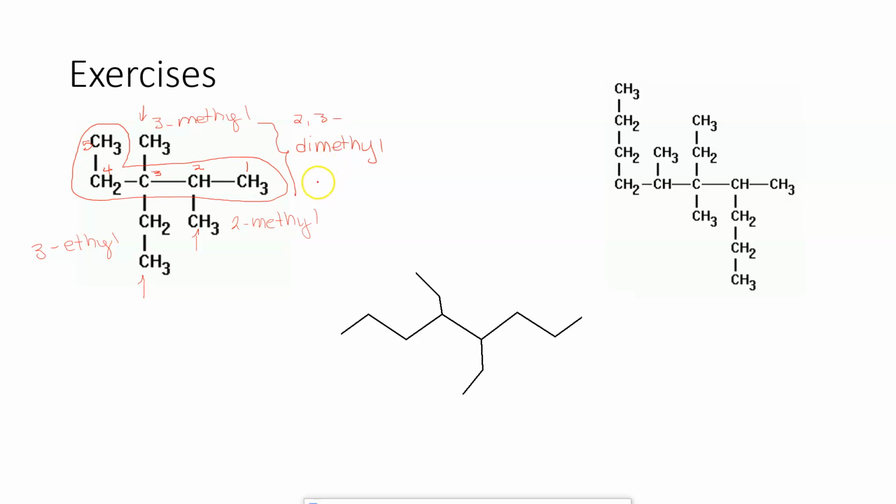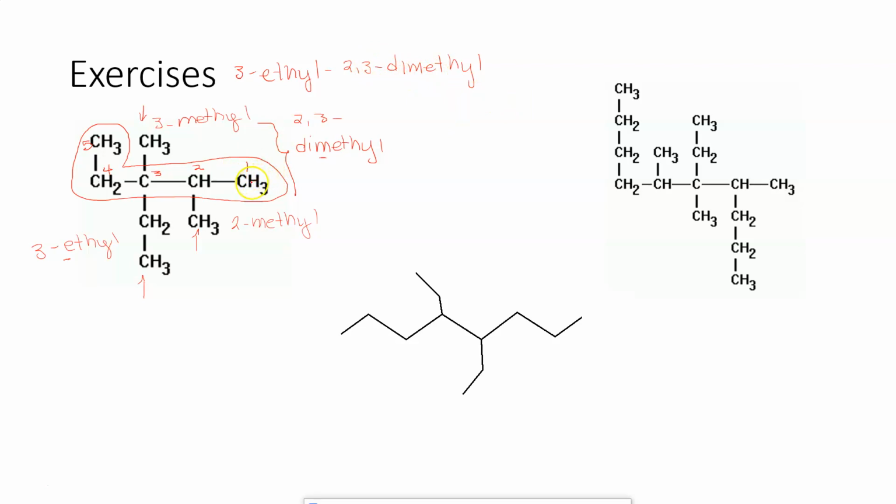Now, I have to order these in alphabetical order. And we already said that E comes before M. So the name of my compound would be 3-ethyl, and hyphens between numbers and letters or words, right? And then 2,3-dimethyl with comma between numbers and hyphen between numbers and words.